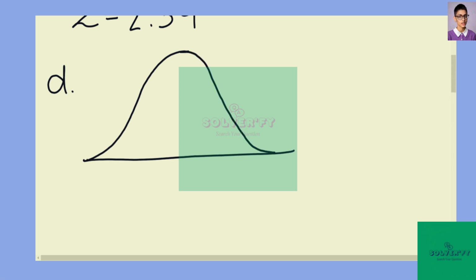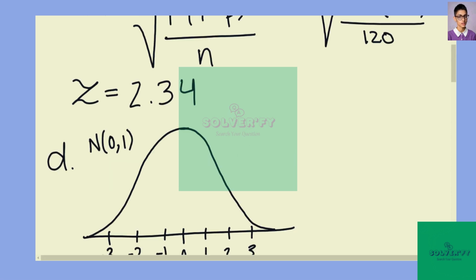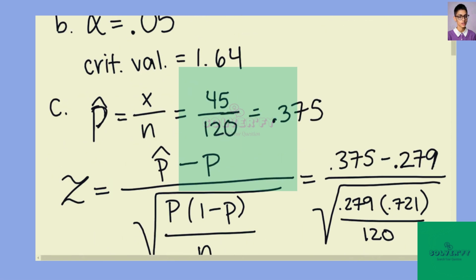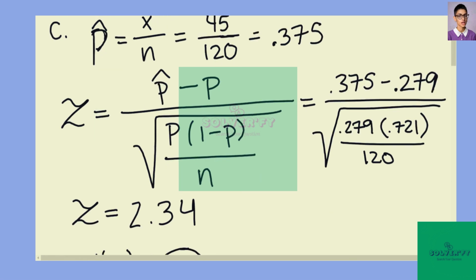Now we need to look and decide whether or not this is significant or not. So we'll use a normal curve, a mean of 0 and a standard deviation of 1. Now we plot our critical value, which is 1.64. I'm putting that as red.